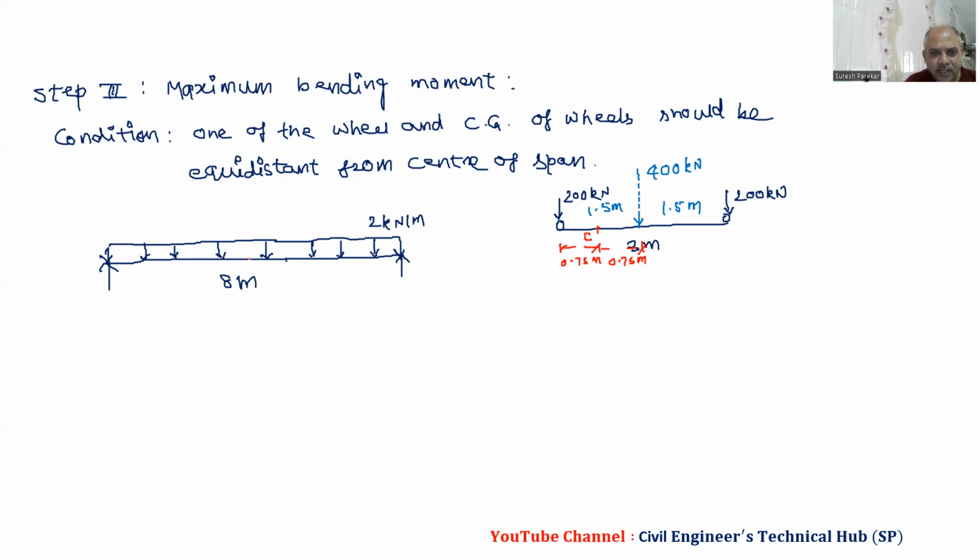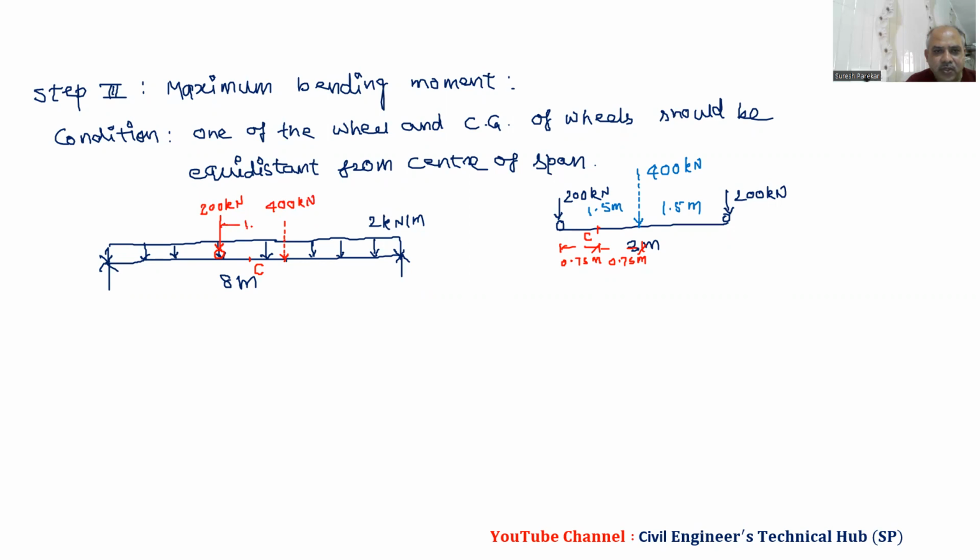So this I will mention as C. This C we have to place on the center C. And then what will happen in that case? One of the wheels will be at 0.75. So this is my one of the wheels, 200 kilonewton. Then at the center we have again 0.75, which is 400 kilonewton.